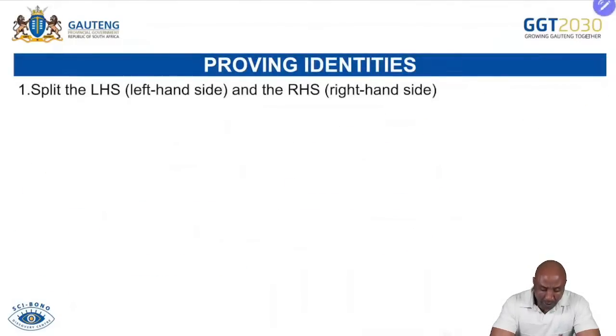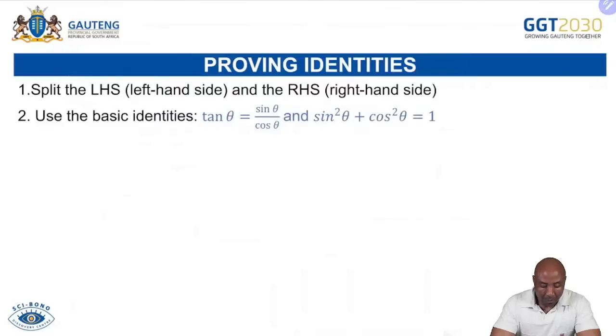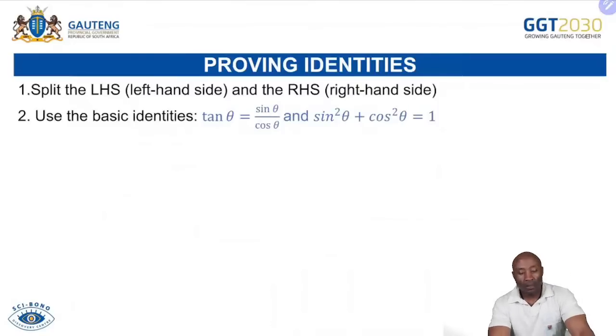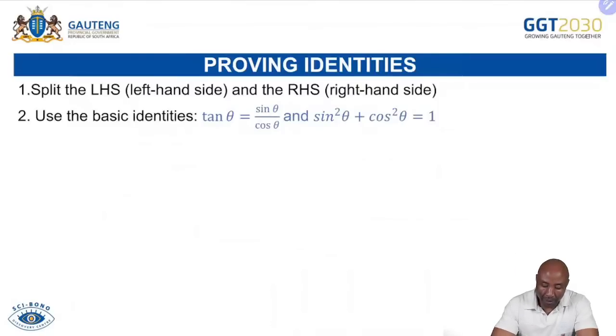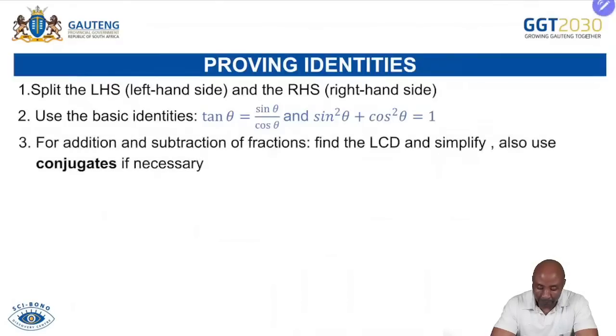Now, for our identities, good people, we split into the left-hand side and right-hand side. We should be able to use the basic identities. Tan theta is sine theta over cos theta. Sine squared theta plus cos squared theta is equal to 1.